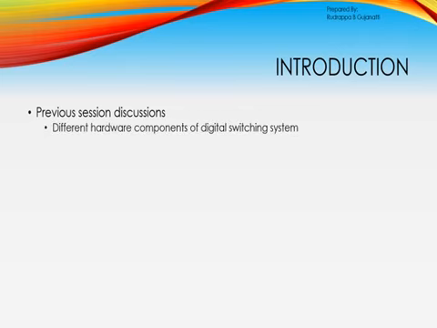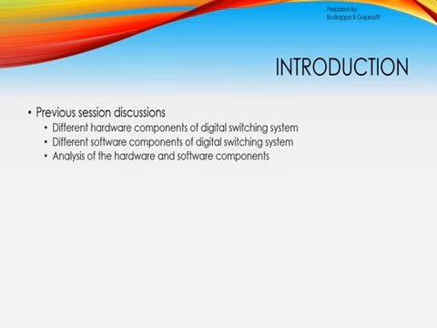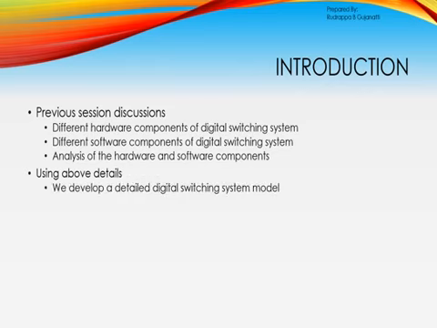In respect to that, we came across all the different hardware components which are involved in the switching aspects of a digital switching system. Then what are the different software components which are involved. Then apart from that, we looked into the analysis of the hardware and the software components. Now with reference to these, let us move further and see what a generic digital switching system model implies.